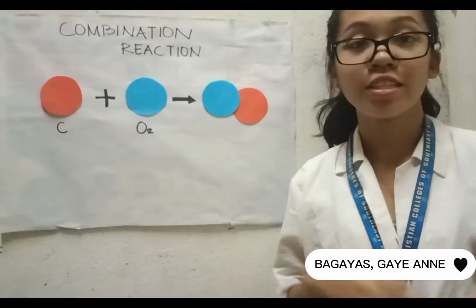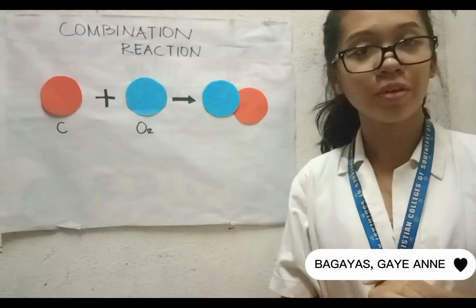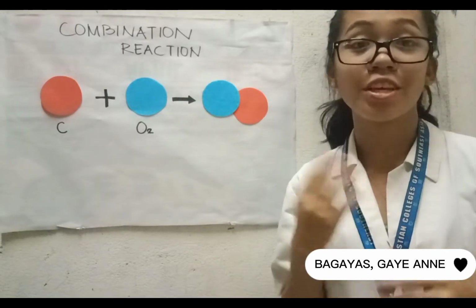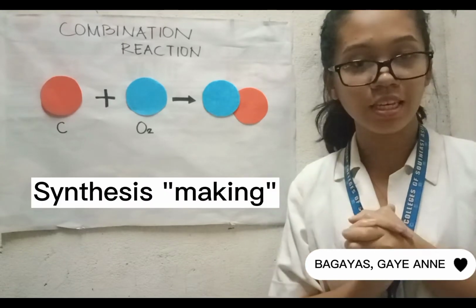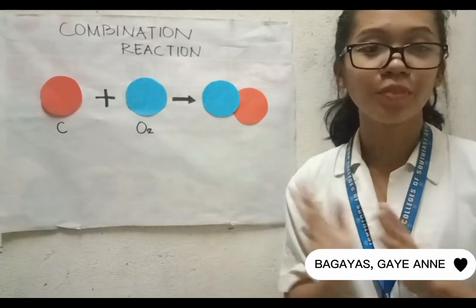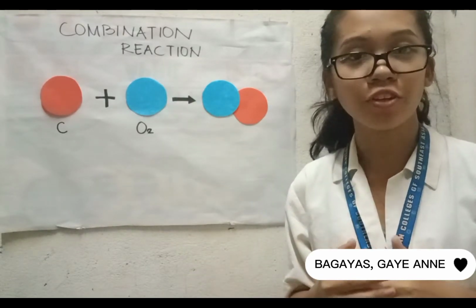I will give you an easy understanding of the combination reaction. A combination reaction, also called the synthesis reaction, is just a fancy word for making. And that's exactly what will happen in a combination reaction. A compound is made from simpler materials.